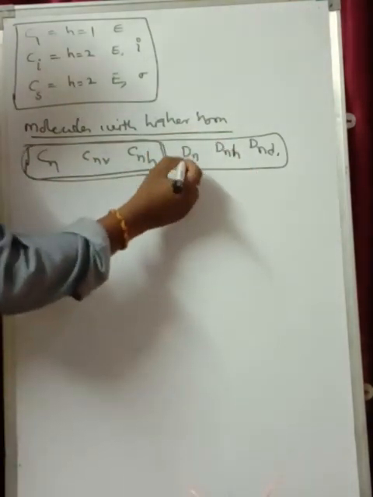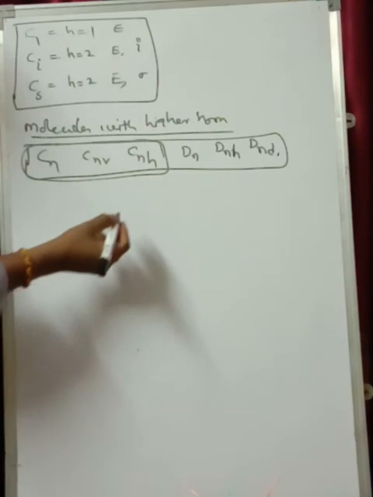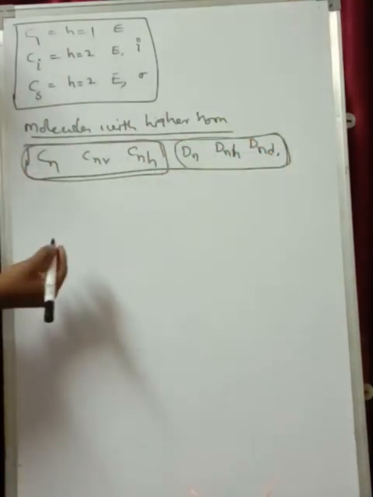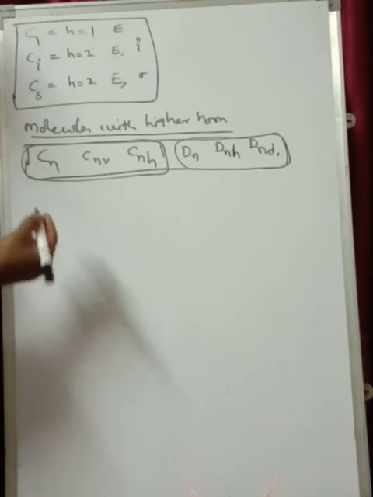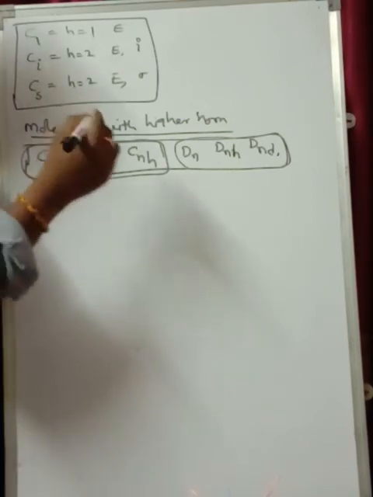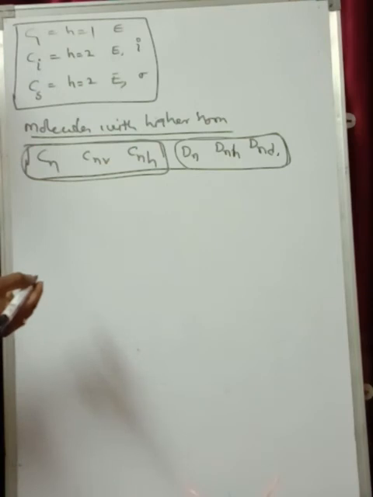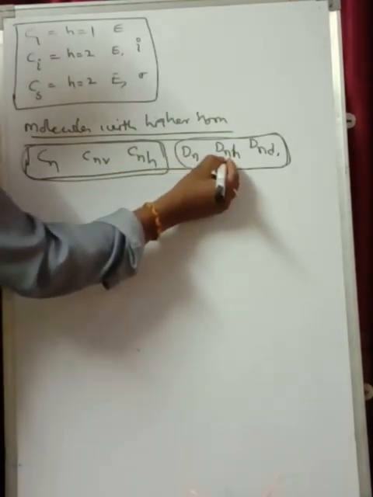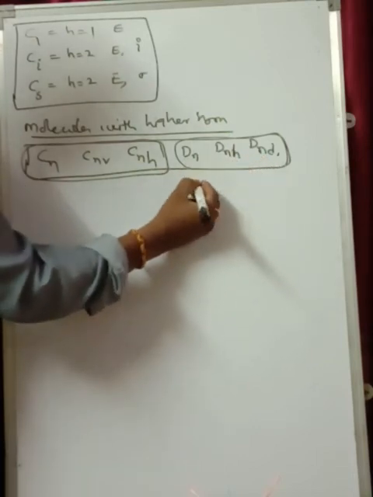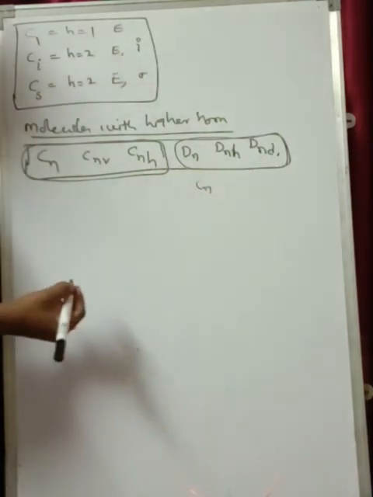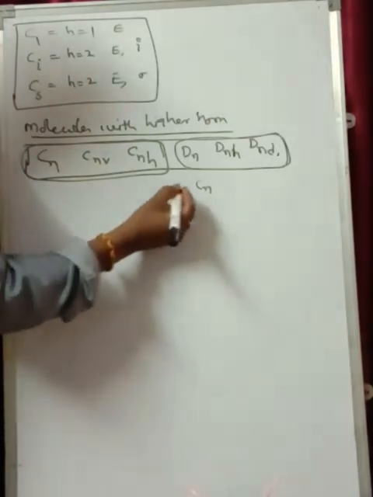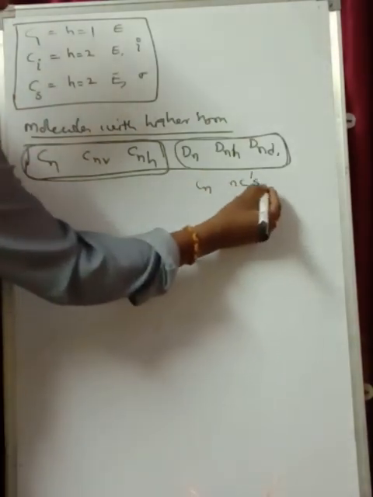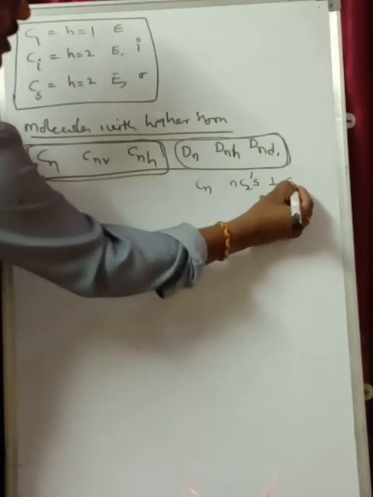Coming to the next, that is Dn, Dnh and Dnd. In all these cases, the highest symmetry element is Cn, that is the rotational axis of symmetry, along with n number of C2s. Now in all these point groups, wherever you have Dn, Dnh and Dnd, there will be the rotational axis of symmetry along with n number of C2s. And these n number of C2s will be perpendicular to the Cn.